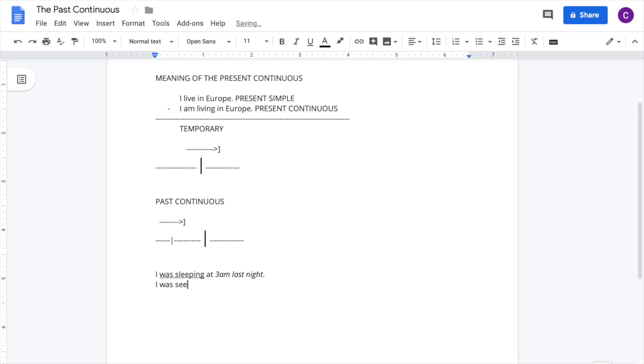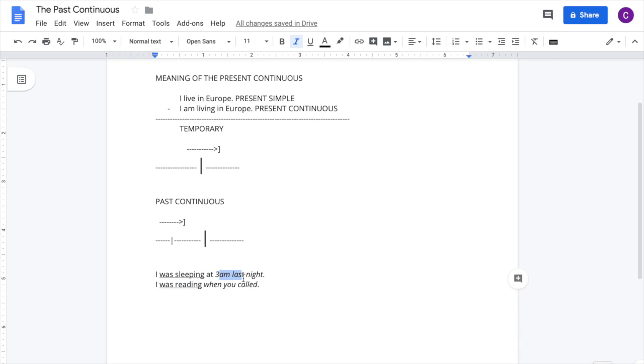Past moment. Let's look at another example. Let's change the verb. I was reading when you called. Okay, again, we have a temporary activity. Reading, you just read for a little while. You can't read constantly. And again, at a past moment in time. Now this time, the past moment in time is a little bit different.